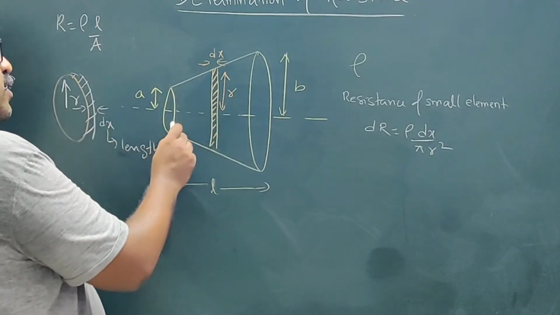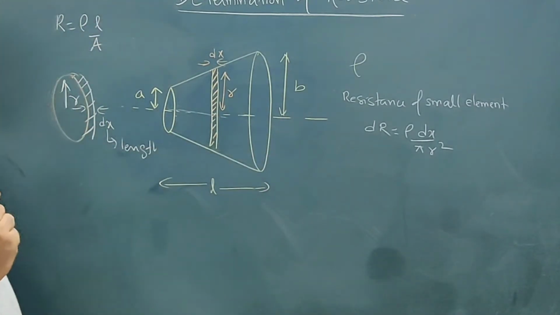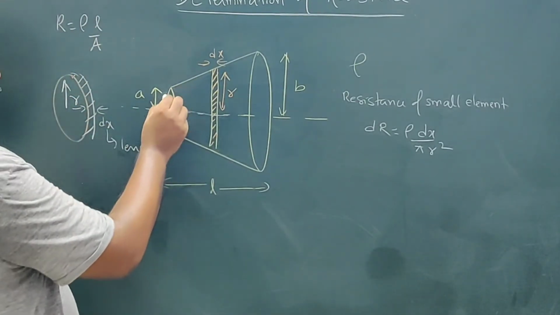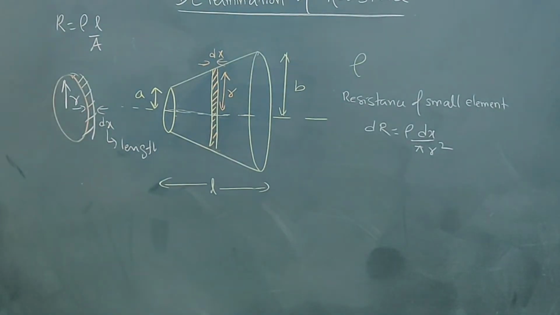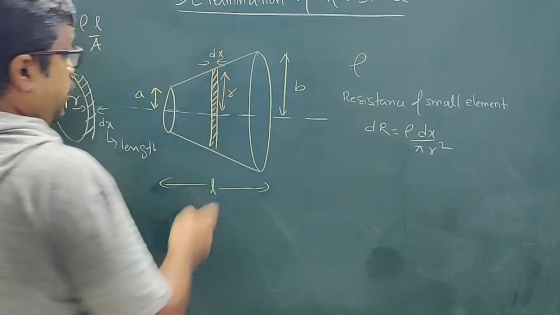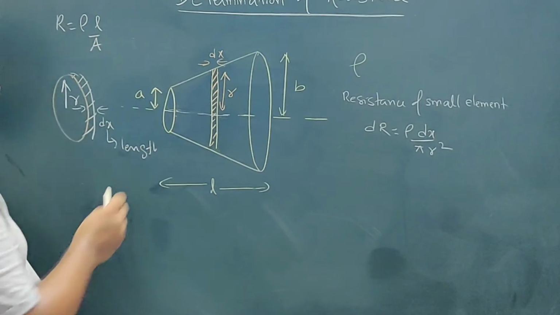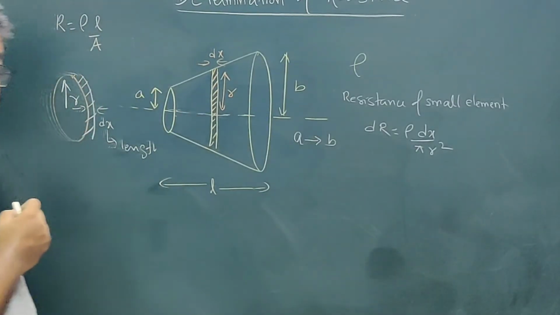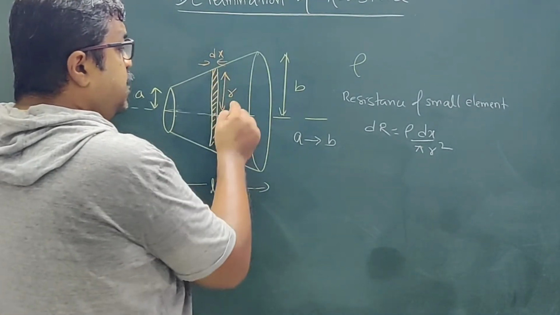Now what is the radius of this part? It is A. As you move in this direction, the radius of this cross-section is A and the radius of this cross-section is B. So as you move from this end to this end, the radius changes from A to B, and somewhere in between these two edges the radius becomes r.